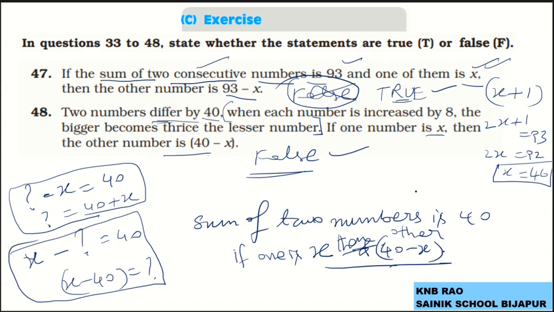Because for the sum of two numbers, if I say 93, if one is x, the other is supposed to be 93 minus the first number. Obviously, it is true. True is the right answer. Though the textbook says false, I rethought of it.